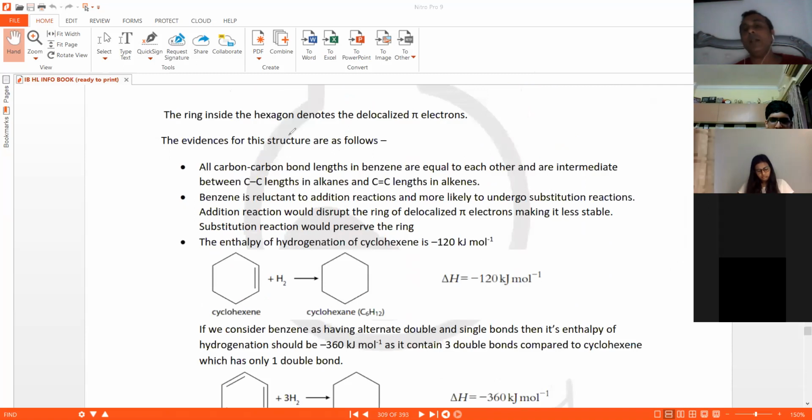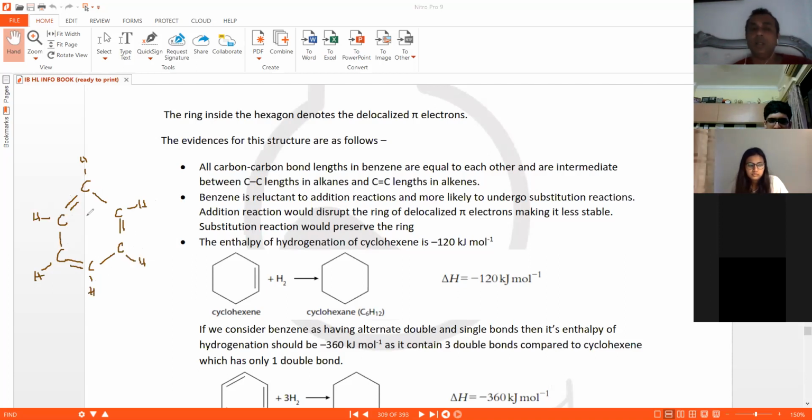Now, how do we know that that is the structure? Usually the benzene structure we can take as carbon double bond carbon, carbon single bond, carbon double bond, carbon single bond, carbon double bond, and carbon single bond, and all the carbons bonded to one hydrogen. So the older suggested structure had alternate double and single bonds.